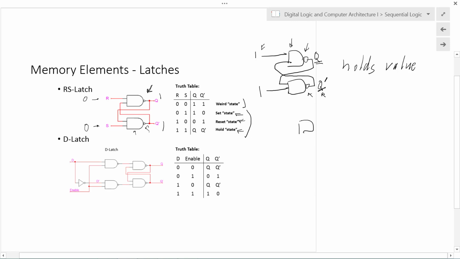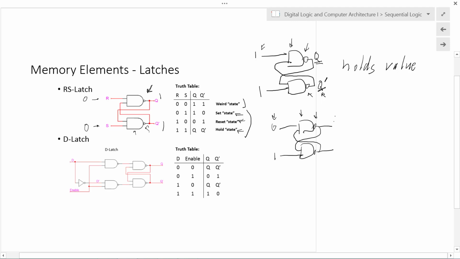But now, how do we set the value? Let's try setting this input to 0 and leaving this input at 1. Zero ANDed with anything is 0.